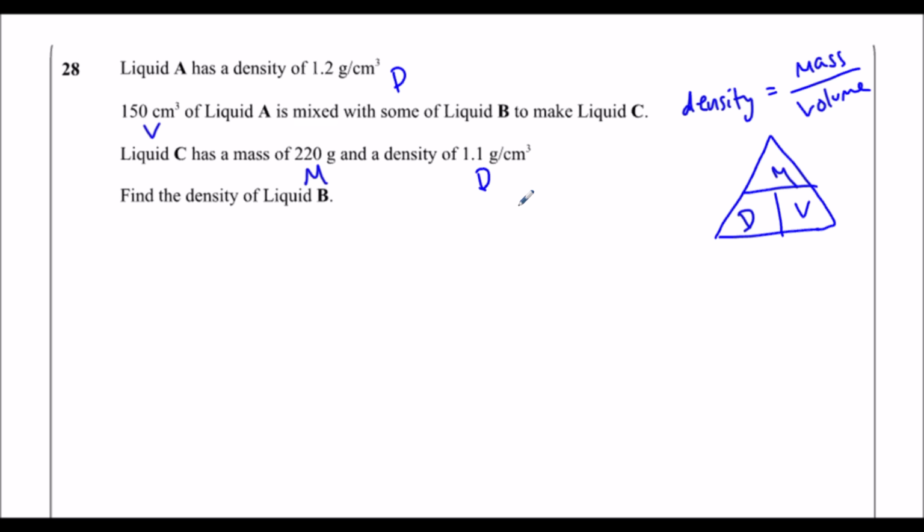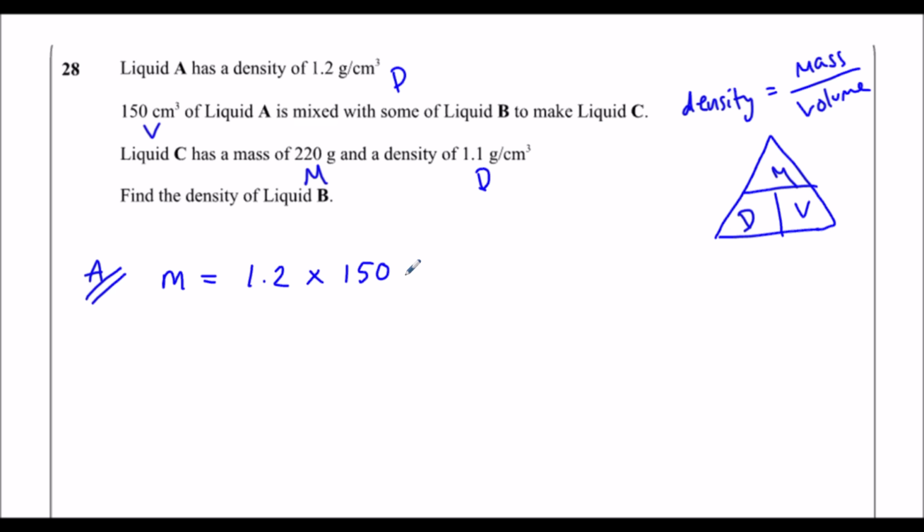So we'll find the mass and the volume of C and A, take them away to find B, and then density is mass divided by volume. So let's do liquid A first. So we're missing the mass. We've got density and volume. So mass is going to be density times volume.